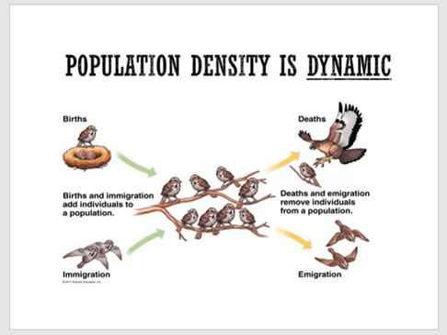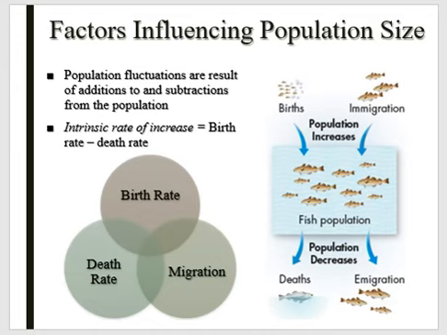The majority of your population fluctuations are the result of the net difference between additions to and subtractions from the population. Now, there are three major factors that affect population size primarily, as well as composition.